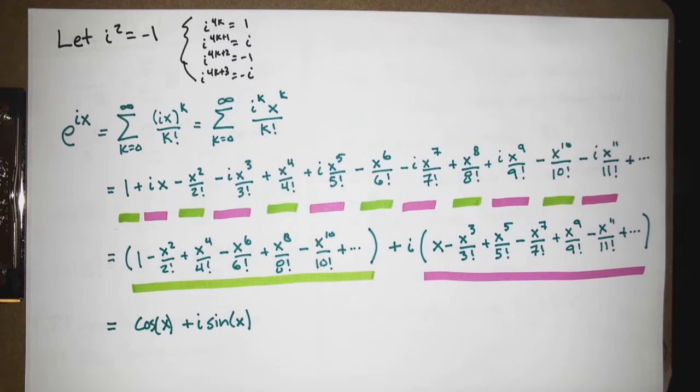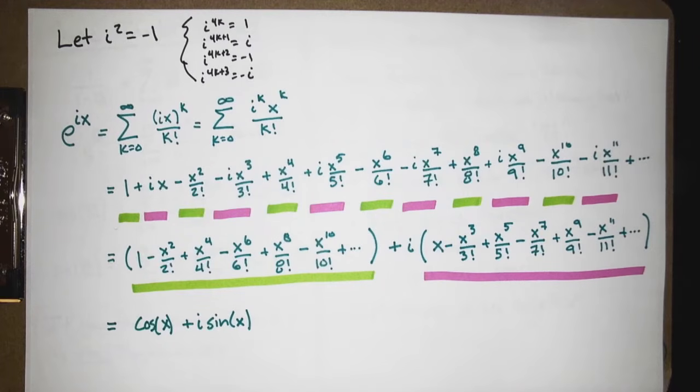Well, I'll put all of those together. And they all have i, so I can pull it out. And now we say, hey, those series look familiar. So, what do we see? Well, for the real part, we see cosine x.